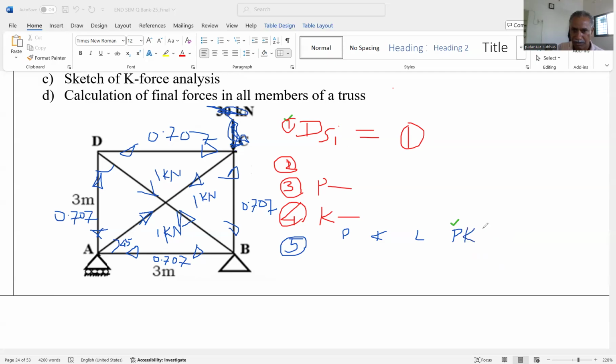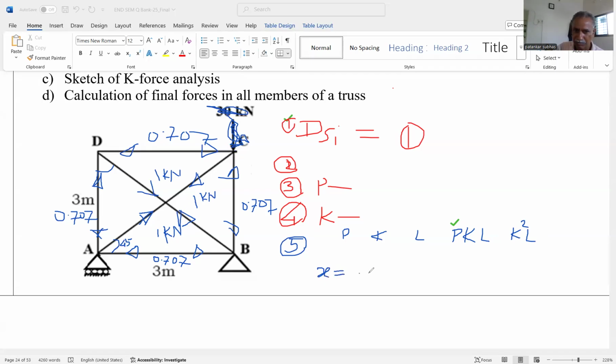Then we write down P, K, L. Then next, K square L. Okay, PKL, K square L, and then take the summation of this, and we can find out the correction factor.